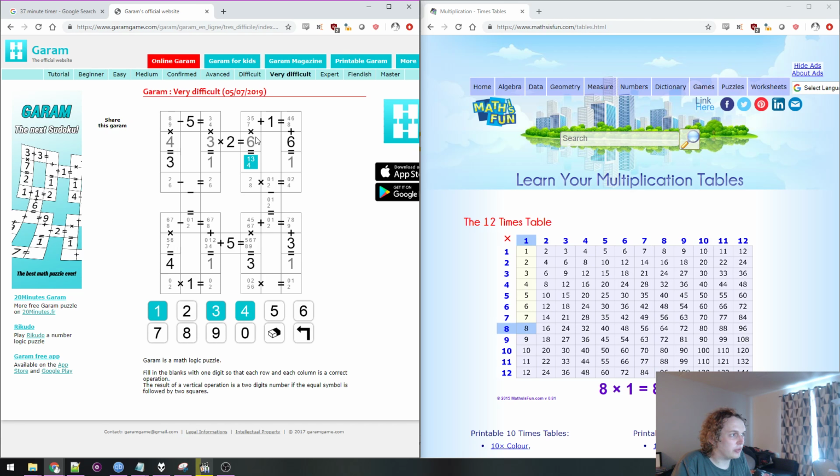Did we... This can be 12... no, this can be 18. This can be... 5 times 6 is off the table now. We can get rid of the 5, meaning we can get rid of a 6. Oh, meaning we can get rid of the... Ooh, it's raining. What did I just get rid of? The 6? Yeah, we can get rid of the 12. Meaning this isn't 1 anymore.